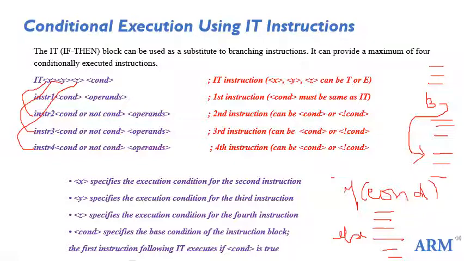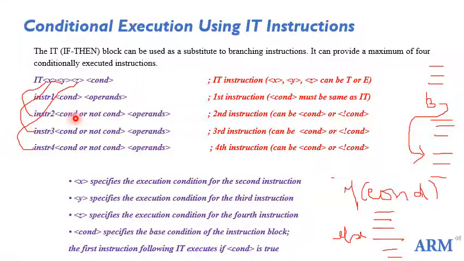The instructions will not be simple instructions as we have seen so far. We have seen various data transfer instructions like the move instruction, and data processing instructions like add, subtract, shift, rotate, all these things. Here the instructions won't appear in just the original form, but will be appended with a condition.